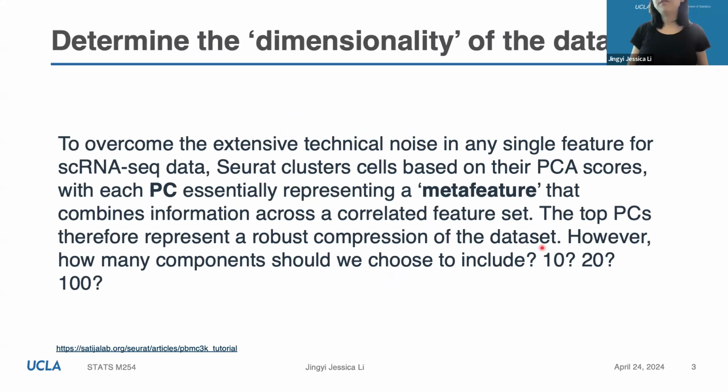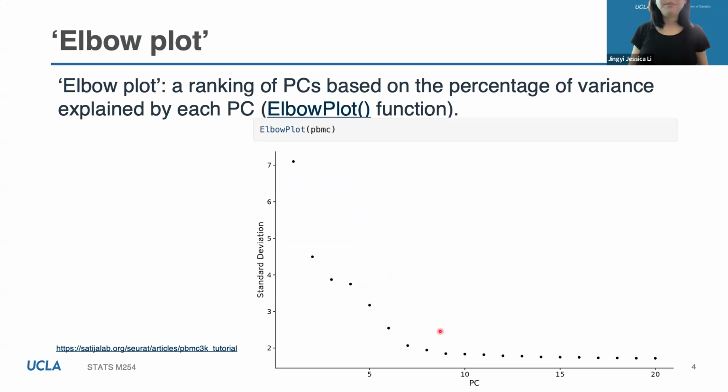That's the choice of K. The most intuitive and widely used way is the elbow plot. Here the y-axis is the standard deviation of each PC. The PCs are ordered from the first, second, third, along the way up to the 20th, so this is the index of the kth PC. As expected, the standard deviation decreases as the PC index goes up.